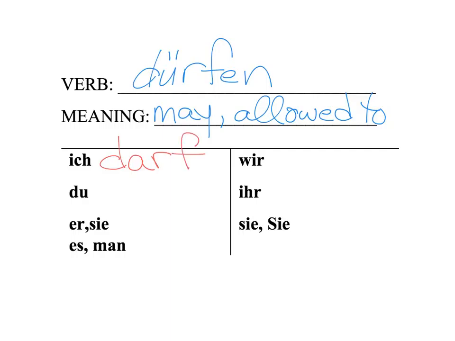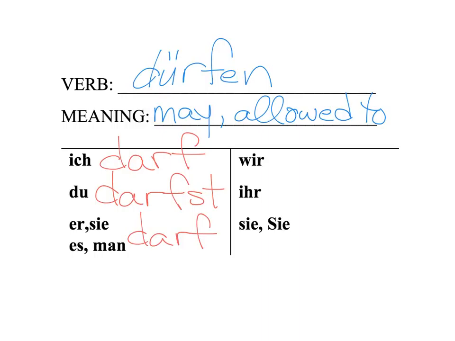So the left side is based on the word darf. What's du going to become? Darfst. Good, add the ST. What about er, sie, es, and man? Darf. Yep, remember, it's the same as ich. And the right side's normal.